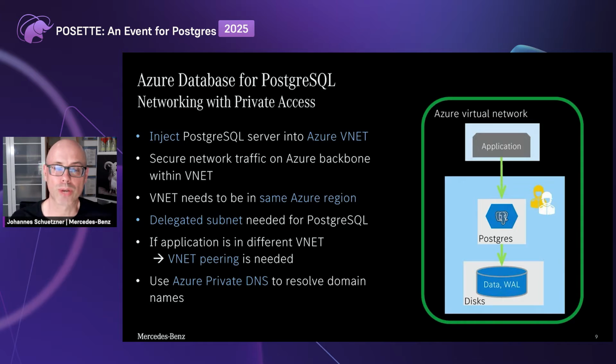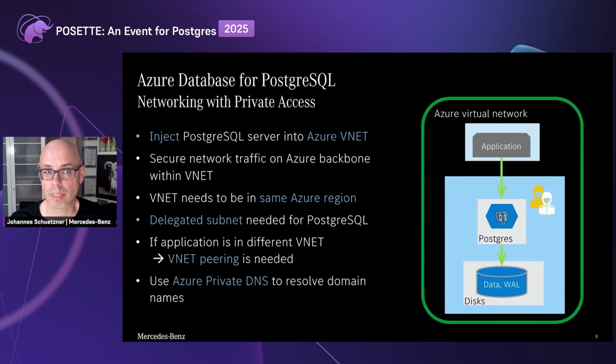The other way is private access, and so the Postgres server is injected into an Azure VNet, as shown on the right-hand side here in this diagram. One big benefit is that the network traffic travels over the Azure backbone, so not the public internet. You should be aware that the VNet needs to be in the same Azure region, and you need a delegated subnet for all your Postgres servers in this VNet, but this is okay.